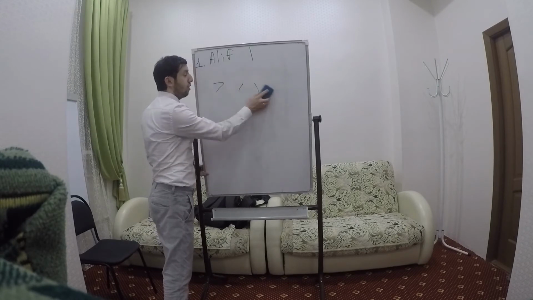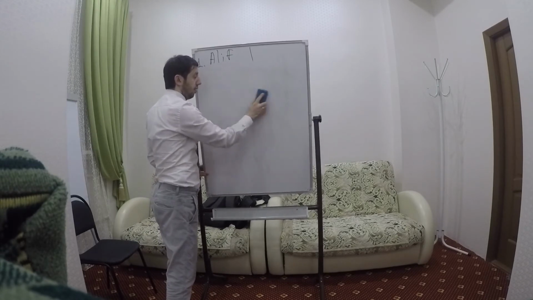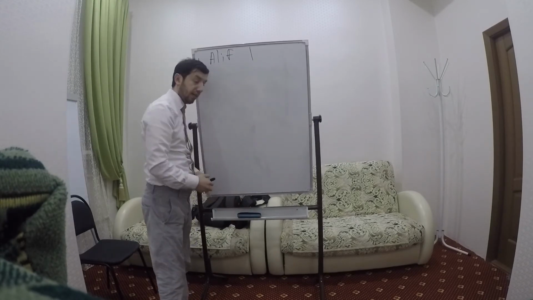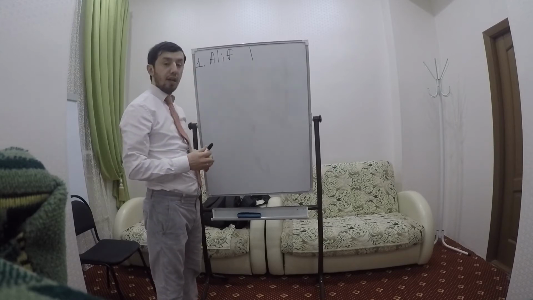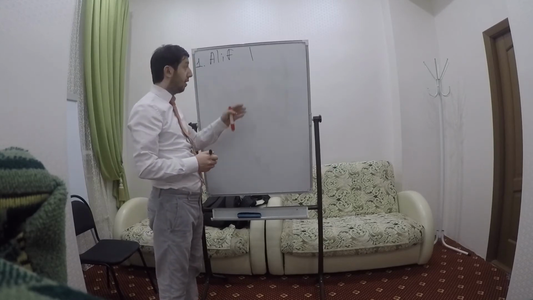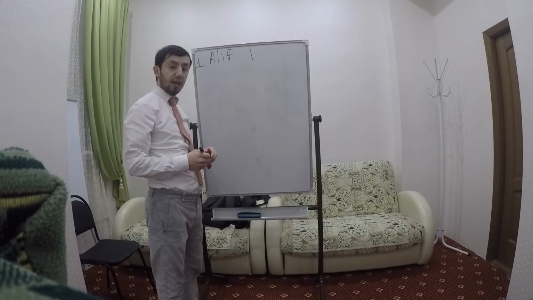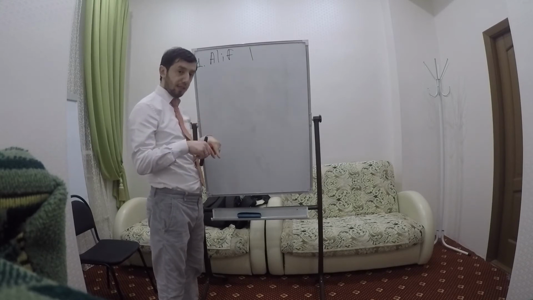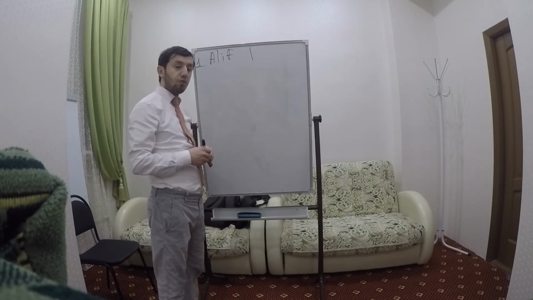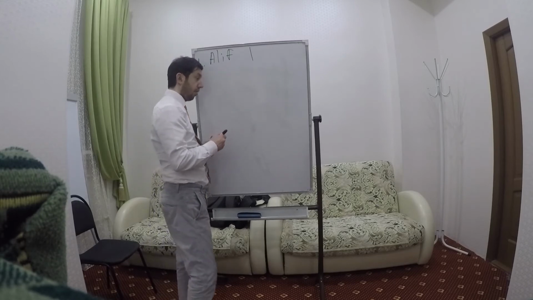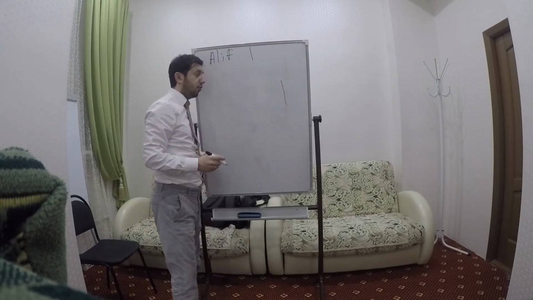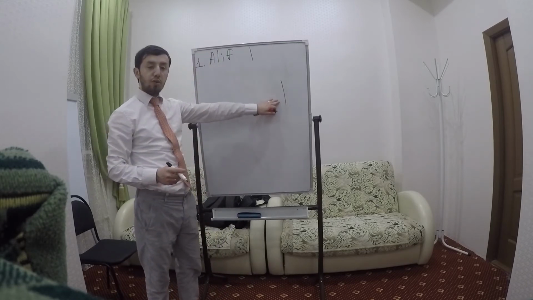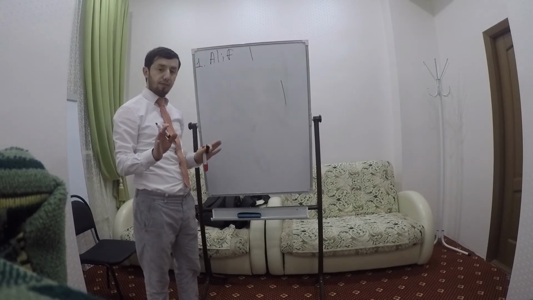So we can't read alif if there is no harakat. But if there is a harakat on the alif or under the alif, we need to read only the harakat. For example, if we see alif, we say it is alif.